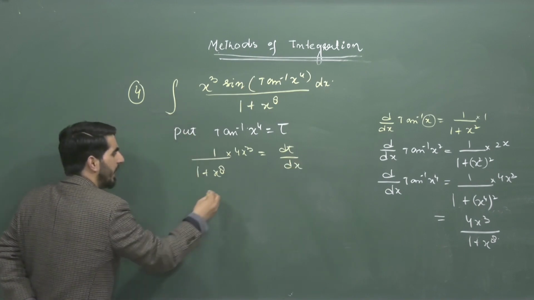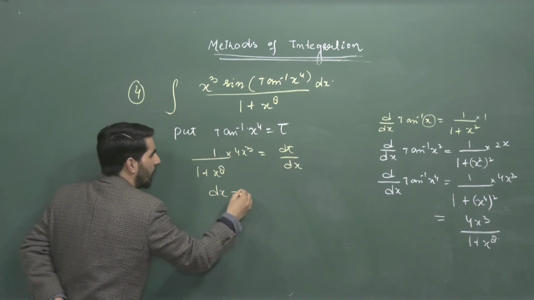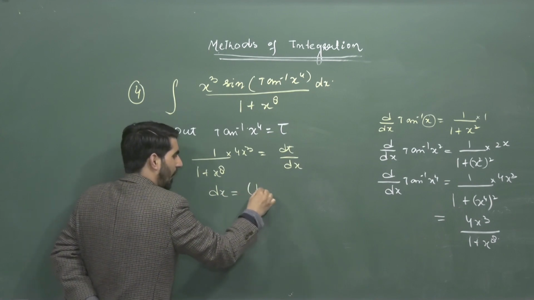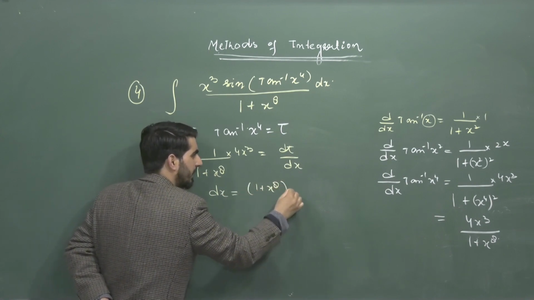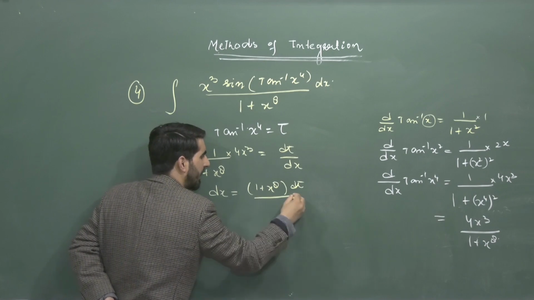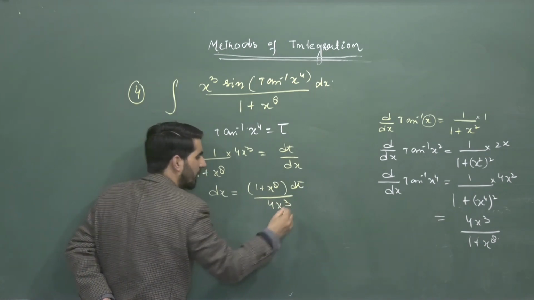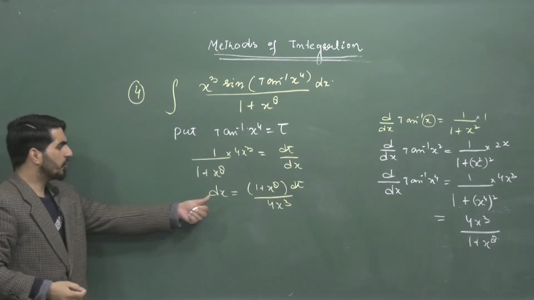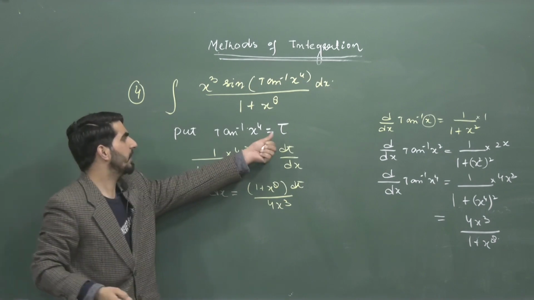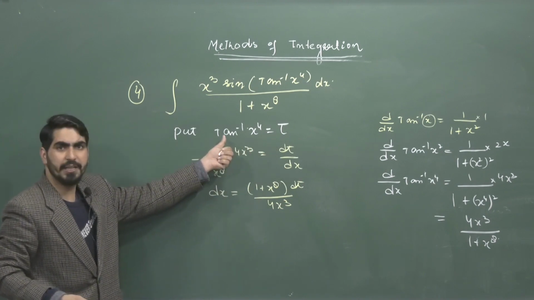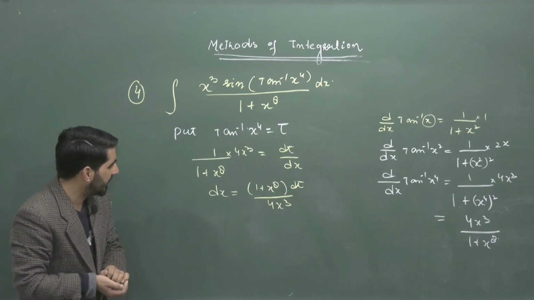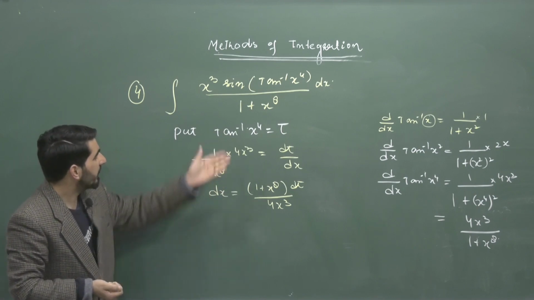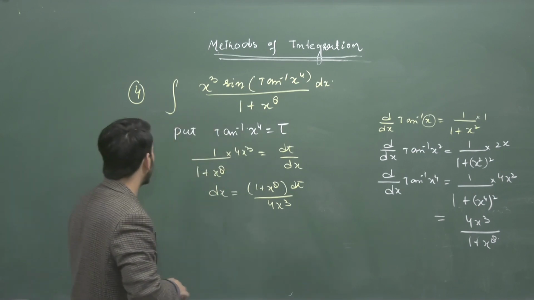So, the value of dx will be dx is equal to 1 plus x power 8 dt divided by 4x cube. So, substituting the value of t, the value of tan inverse of x raised to power 4, and the value of dx in the original equation, what will we get?